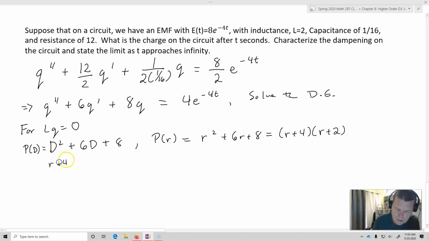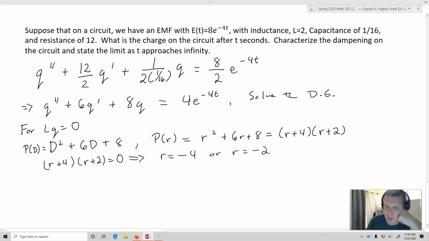So r plus 4 times r plus 2 equals 0 implies that r equals negative 4 or r equals negative 2.